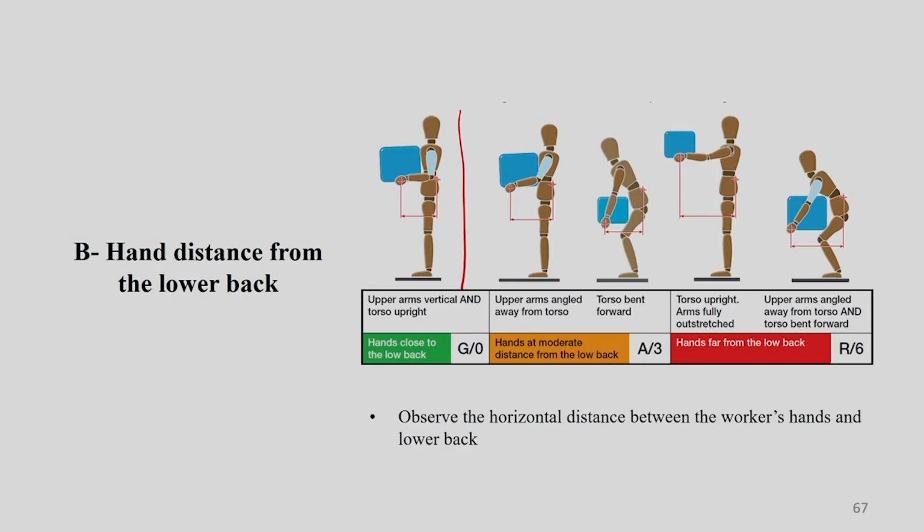Two cases: either your upper arm is moving forward and you are holding it, or you are bending your torso towards the forward direction, represented by this figure or this figure. Also, the hands are at a moderate distance from the lower back. Now how do you define this moderate distance? Now these are the experience.